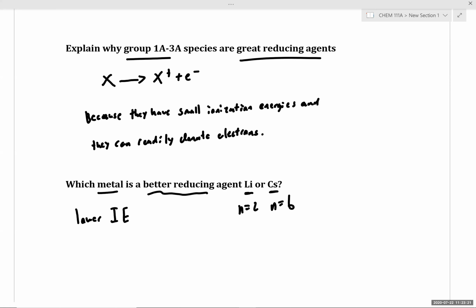Cesium has a larger orbital than lithium. Which element has the smaller ionization energy and functions more efficiently as a reducing agent?